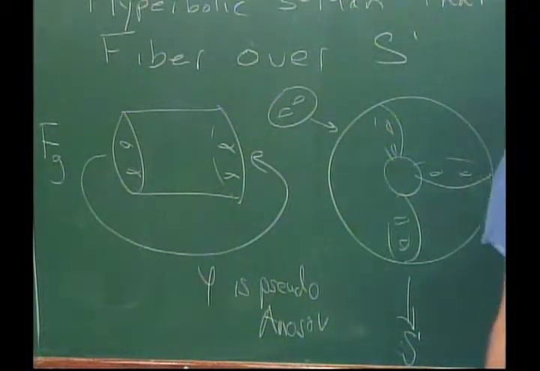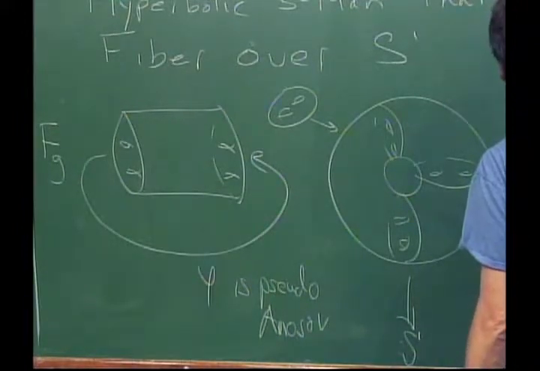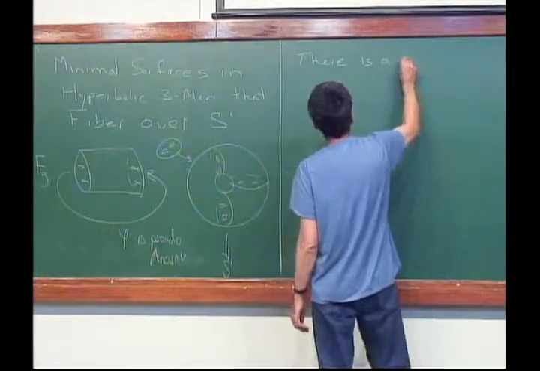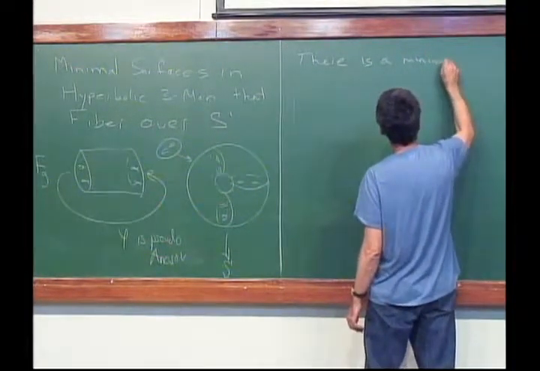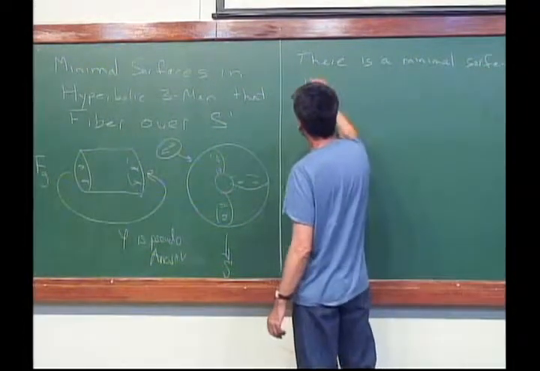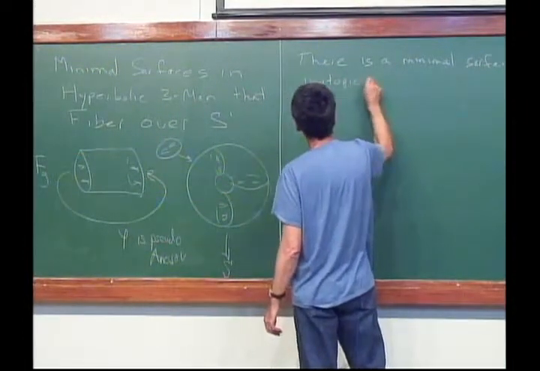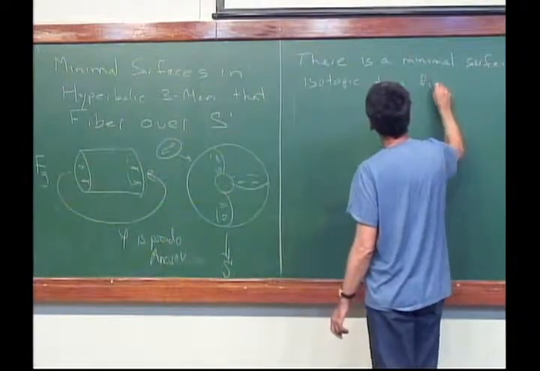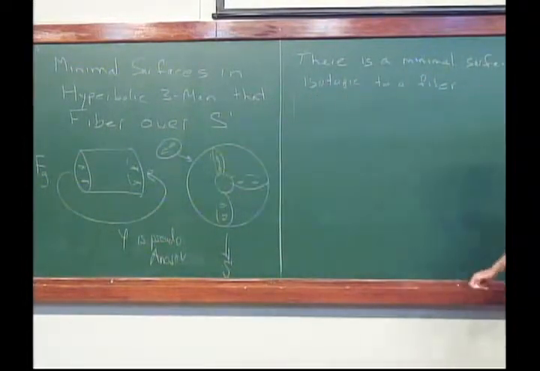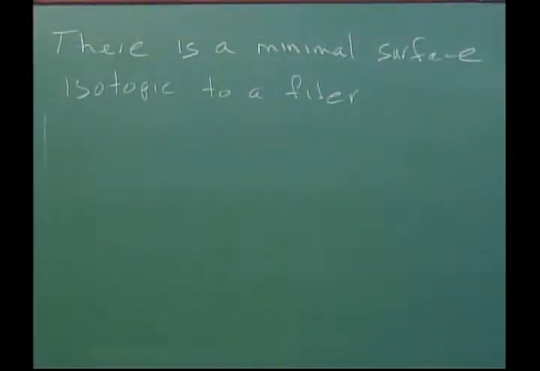And the first thing you can notice is that there is a minimal surface isotopic to a fiber. So you can assume that one of these surfaces, these fibers, is a minimal surface.